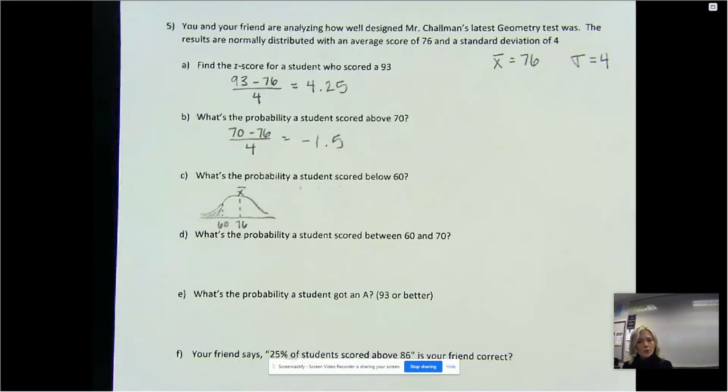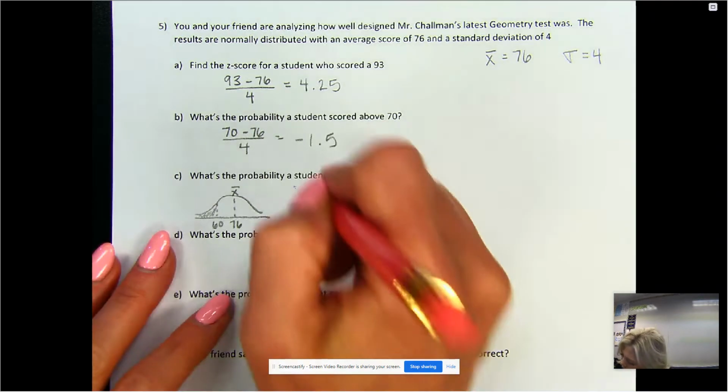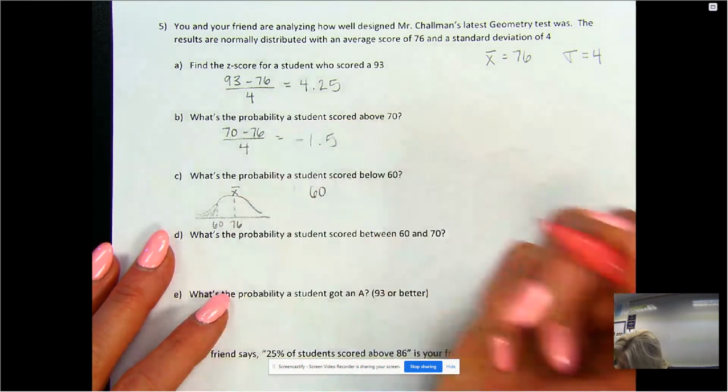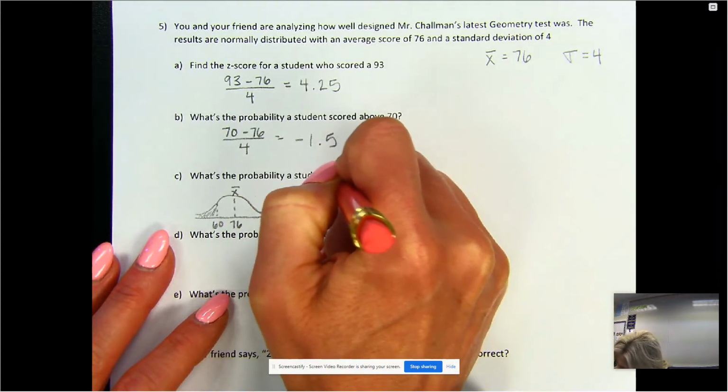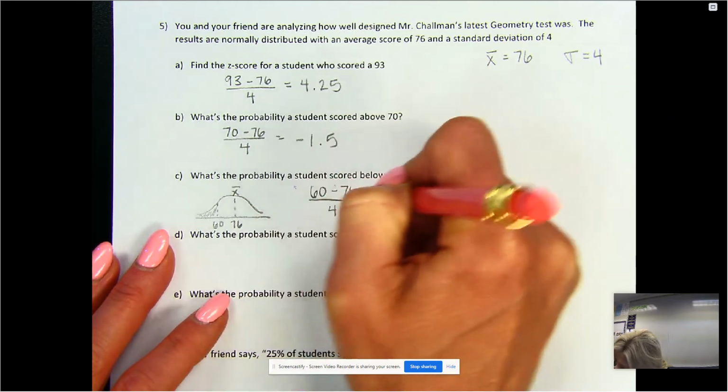So what we have to do first is find the z-score, and then take the z-score and find the percentage on the percentile table. Okay, so let's see here, 60 minus 76 divided by 4.